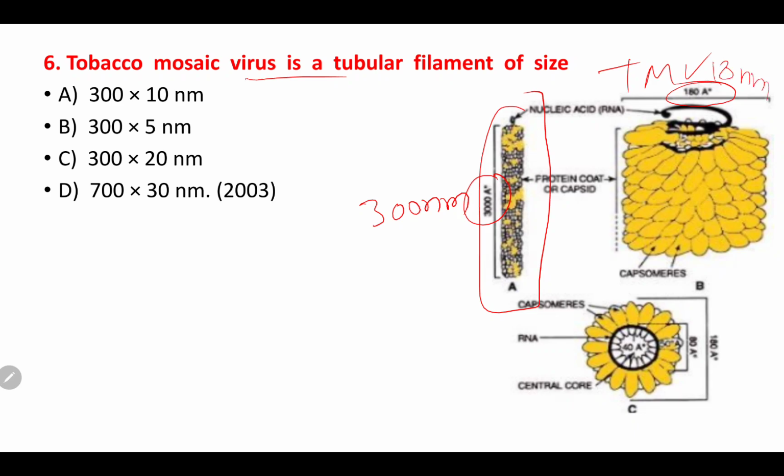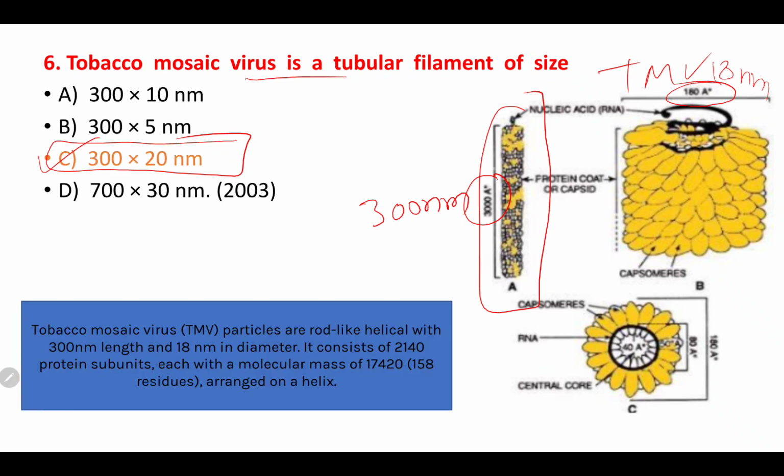Now let us look at the options. 300 into 10, 300 into 5, 300 into 20. See, approximately this option C is matching with 180 angstrom or 18 nanometer, right? So now let us go with the option C as the right one. And let me give you few more information about this TMV.